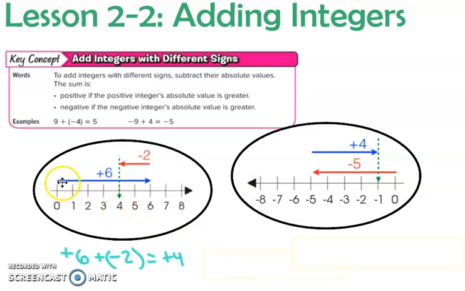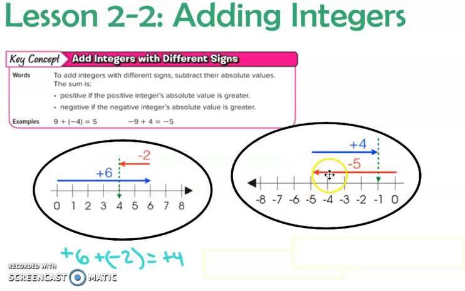So think of where you're at on the number line and how far you go back. Notice it says adding integers with different signs: subtract their absolute values. So just look at 6 minus 2, which is 4. Then you have to worry about which one is bigger. This absolute value is bigger, so this is going to be your sign.